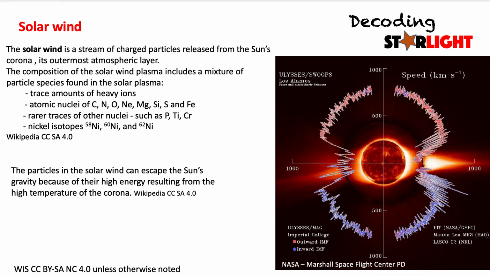Solar wind is a stream of charged particles released from the sun's corona, its outermost atmospheric layer. And you can pause and look at that one fairly closely as well.